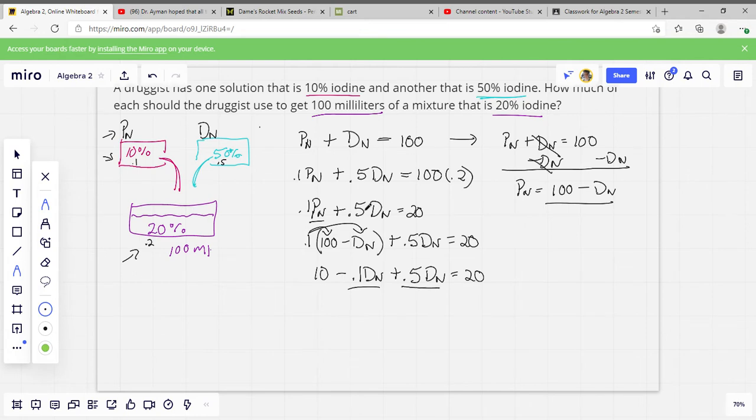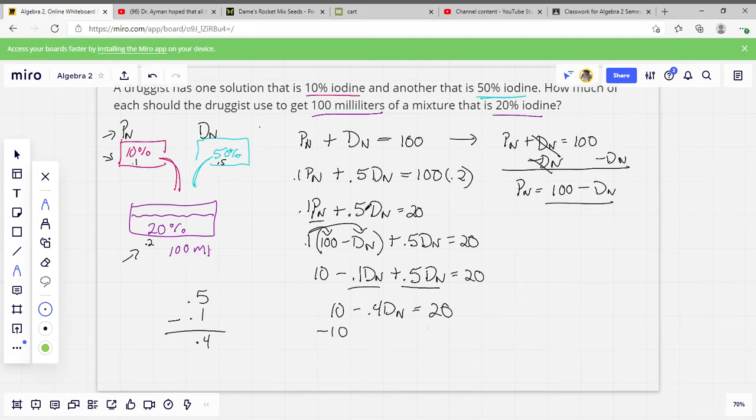So I've got positive 0.5 and negative 0.1. 0.5 minus 0.1 would be 0.4. So I'm going to have 10 plus 0.4 Dn equals 20.